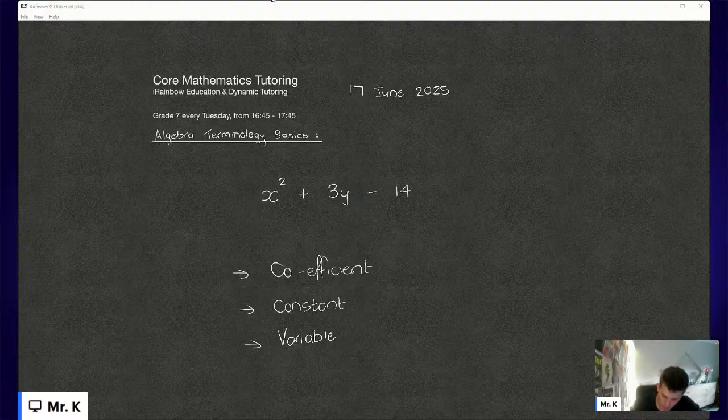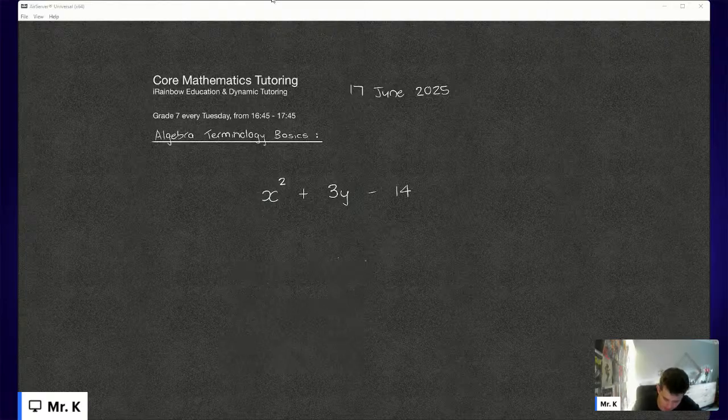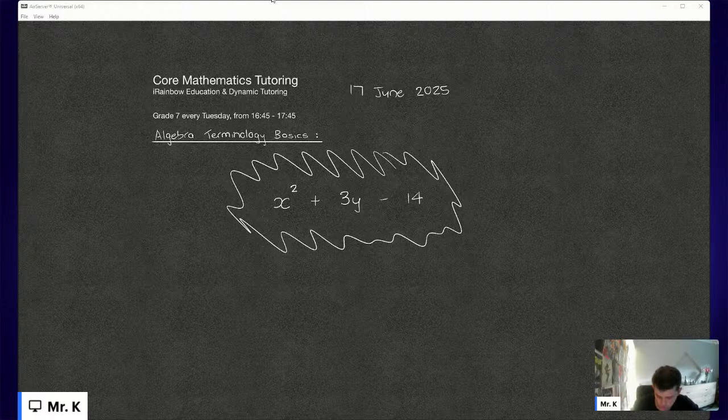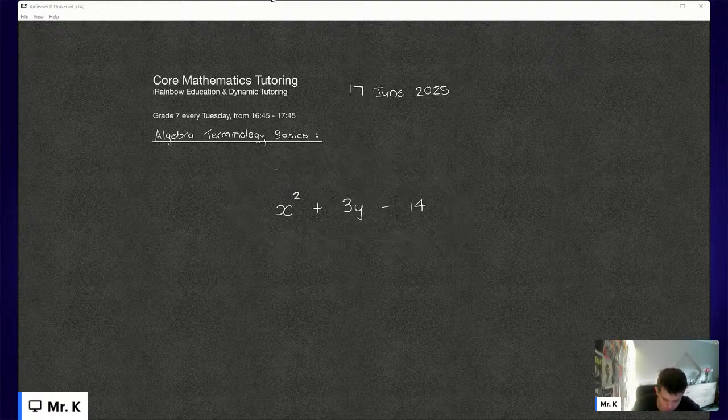So let's go ahead. What I want you guys to please do for me is write this in the middle of your page towards the top, but please leave a little bit of space around it so that we can write notes.